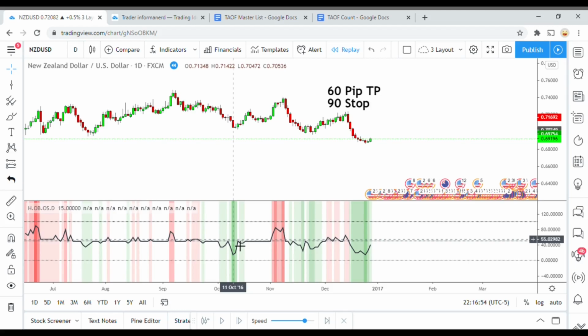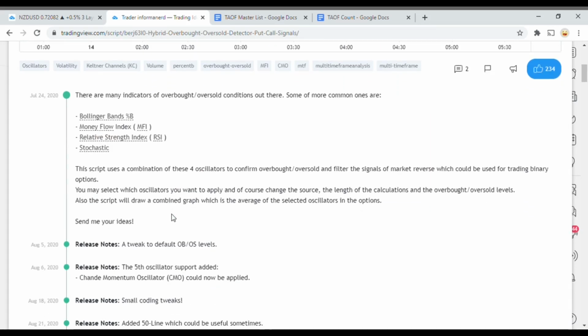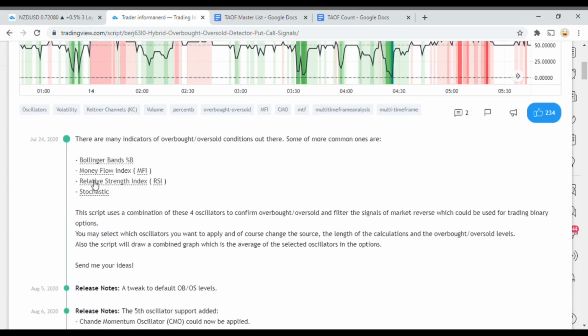It reads those indicators being in an overbought and oversold position. Actually, here, let me click over to it: Bollinger Bands, money flow, RSI, and stochastics.